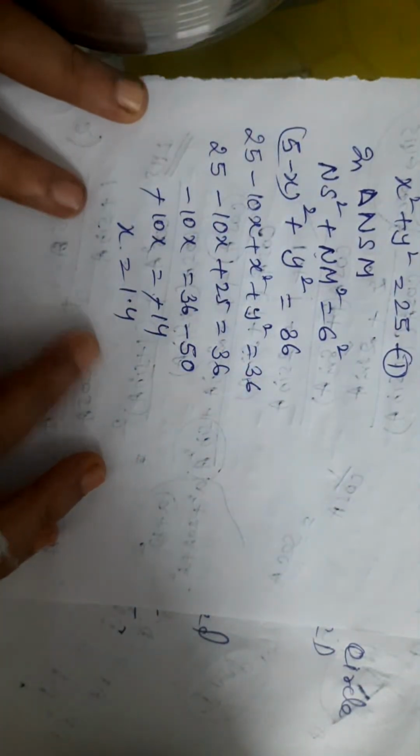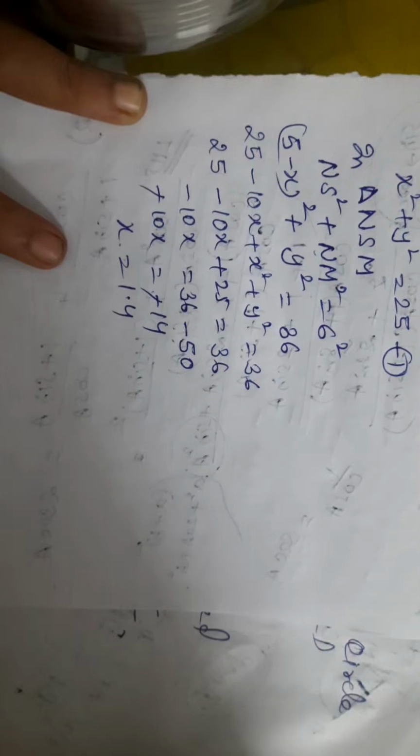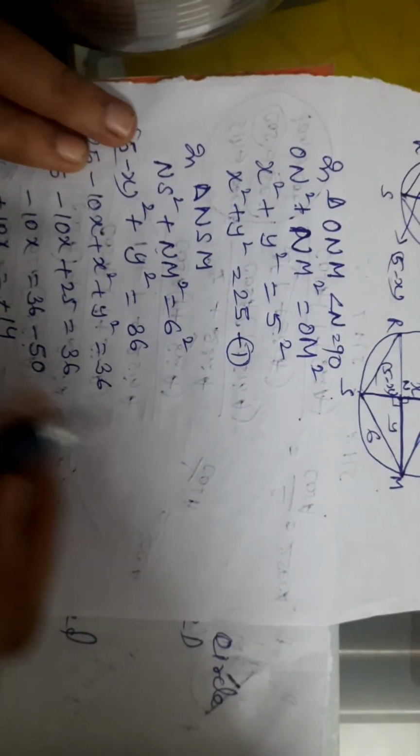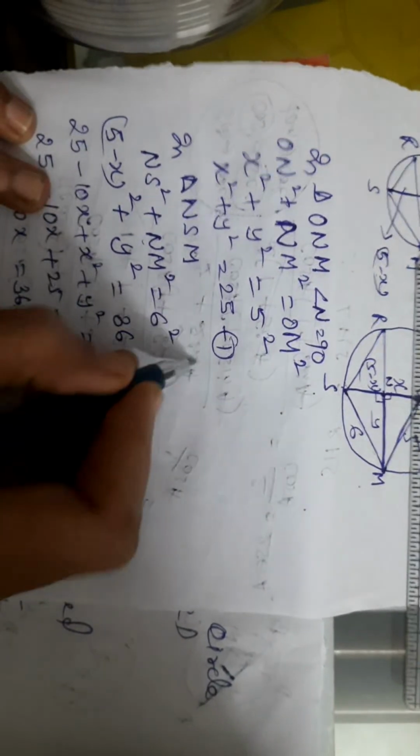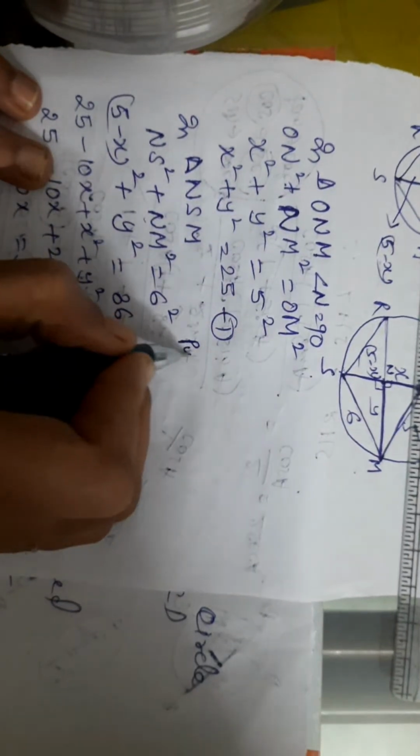We need to find out the distance between Reshma and Mandeep. That is, the value of y is needed. So we'll put this x value in equation 1. Equation 1 is x square plus y square is 25.